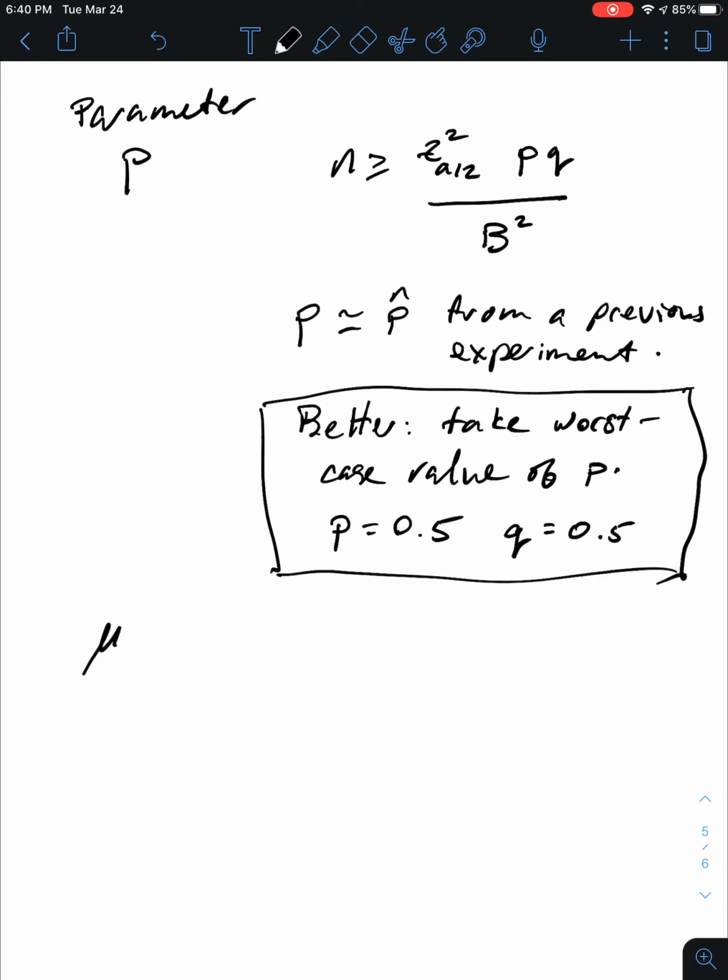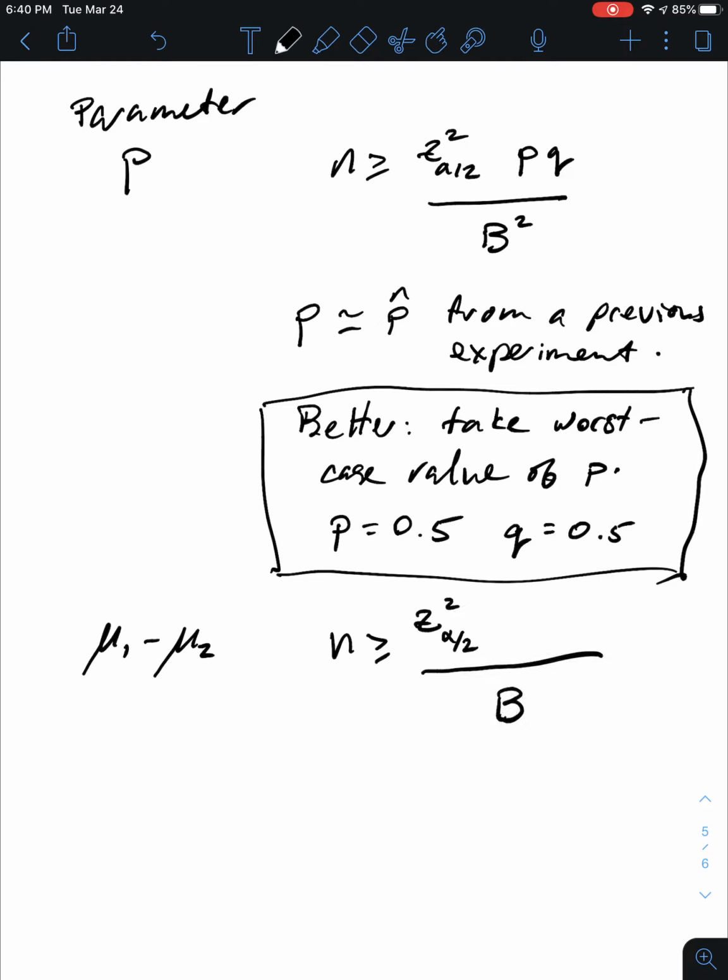Okay, the last one that we have done in this course is when our parameter is mu1 minus mu2, the difference between two population means. The formula in that case turns out to be, and it's not obvious at all, this one's a hard one, so we'll just have to take the word of the mathematicians.